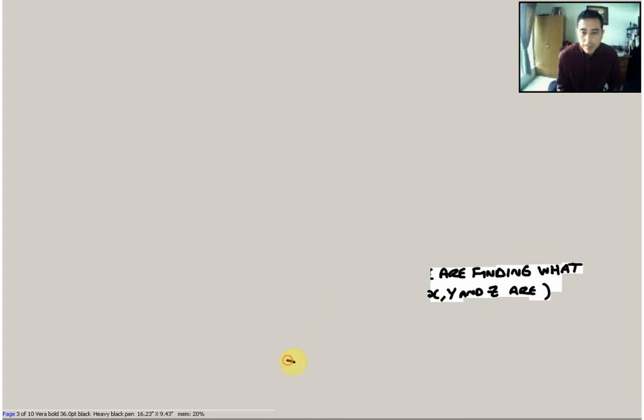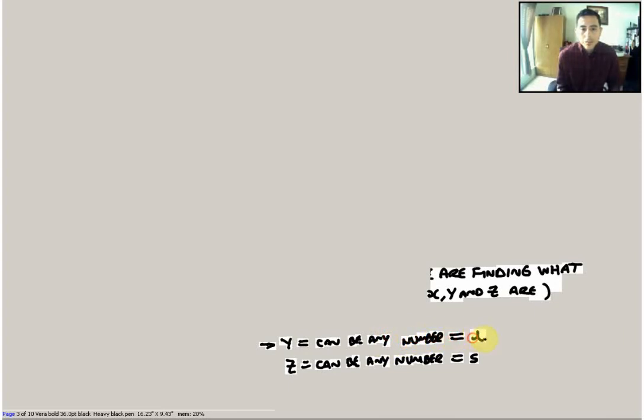So this says that z can be any number. Let's say s, a parameter. And this here says that y can be any number. Let's put t.